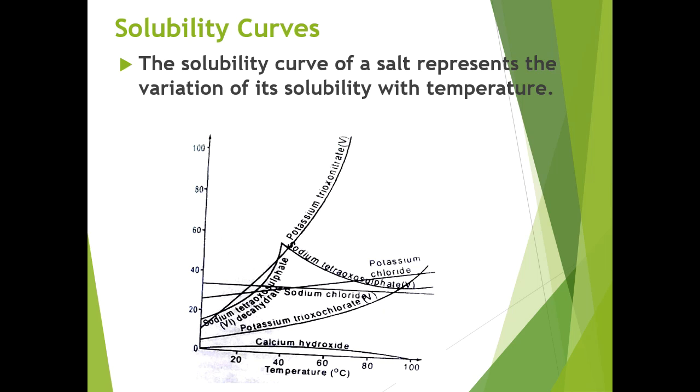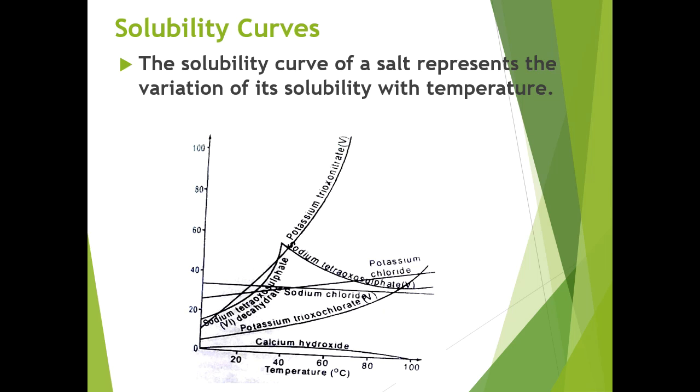Based on this graph above, there are deductions that can be obtained from this solubility curve. One, at all temperatures between 0 degrees Celsius and 100 degrees Celsius, calcium hydroxide has the lowest solubility among the 6 compounds in the solubility curve.